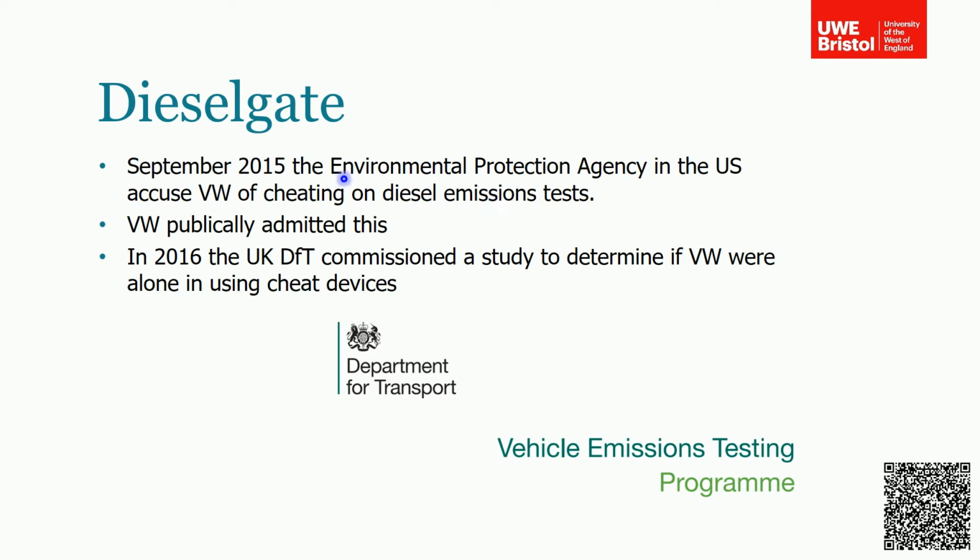Basically in 2015, the EPA, the Environmental Protection Agency in the US, accused VW of cheating on diesel emissions tests. VW didn't deny this, they owned up to it, and the fallout of that is fairly well documented. Their share prices crashed, they had to pay huge fines, and customers lost confidence in the brand.